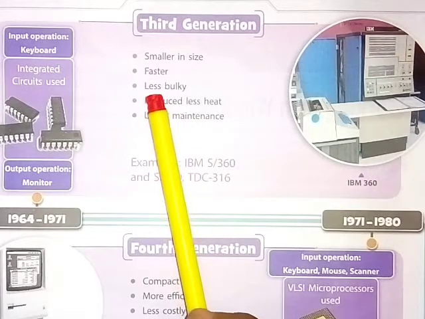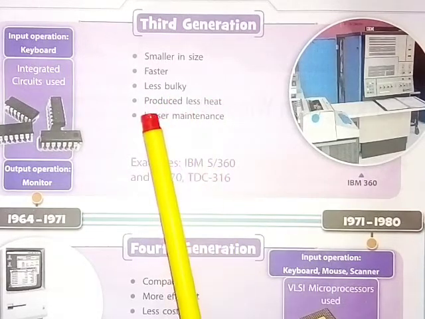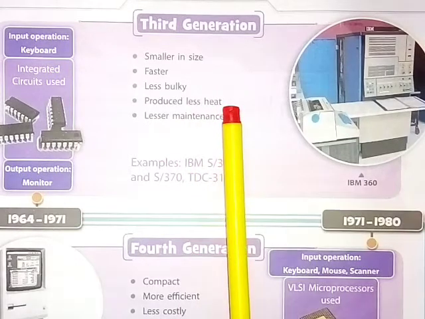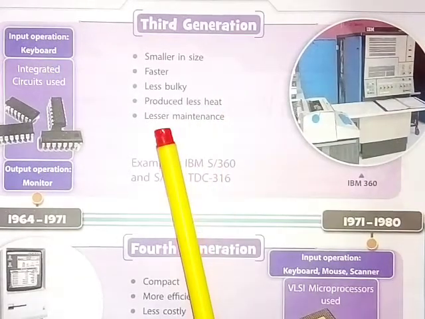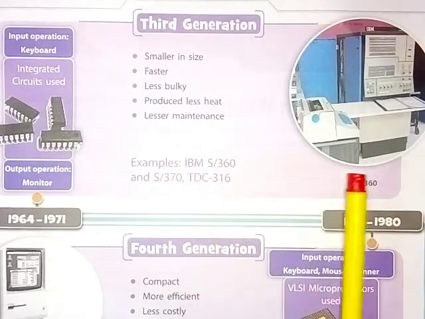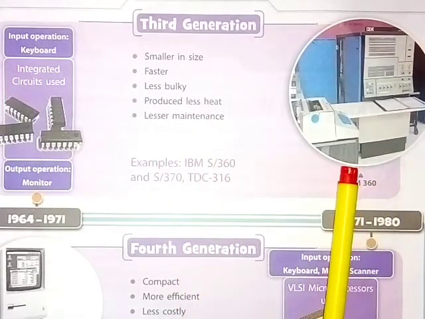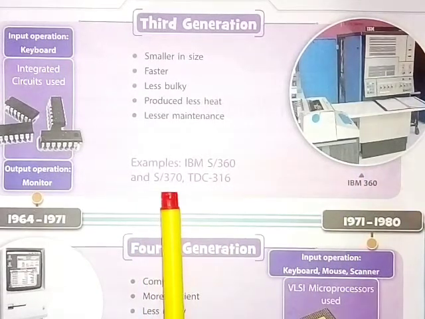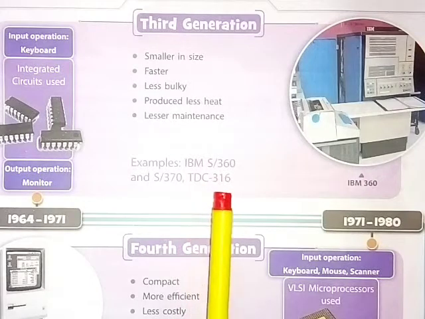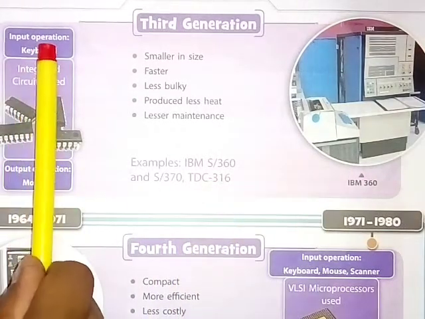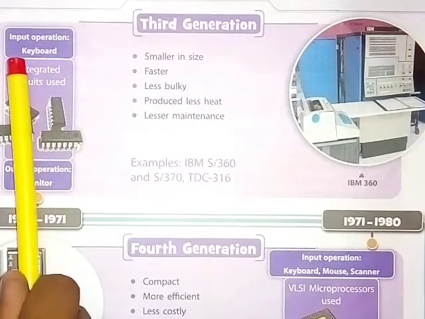They were less bulky. They produced less heat. They needed lesser maintenance. Examples: IBM 360 and 370, TDC 316.